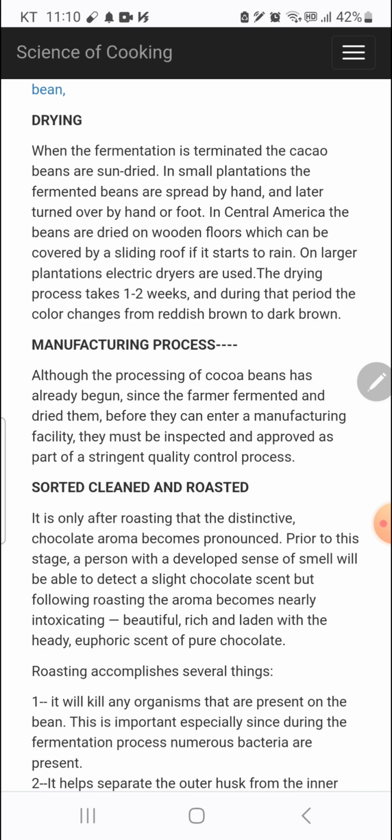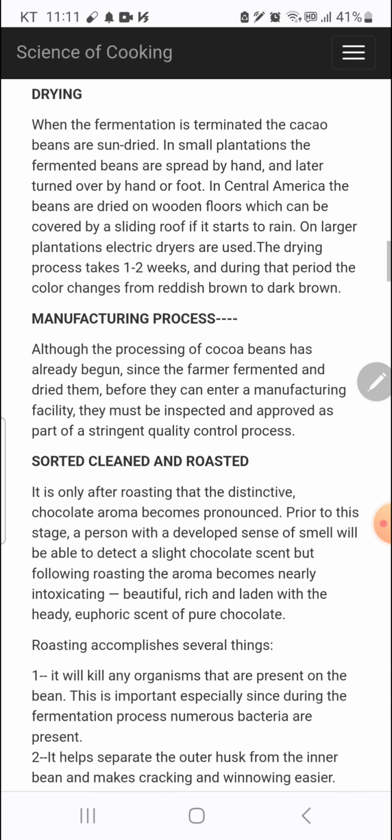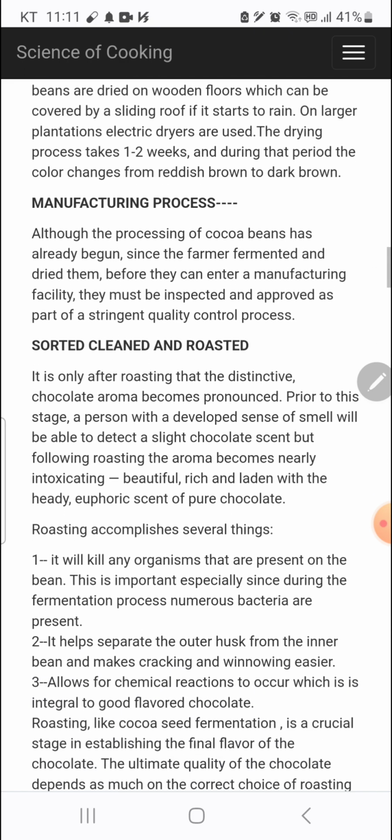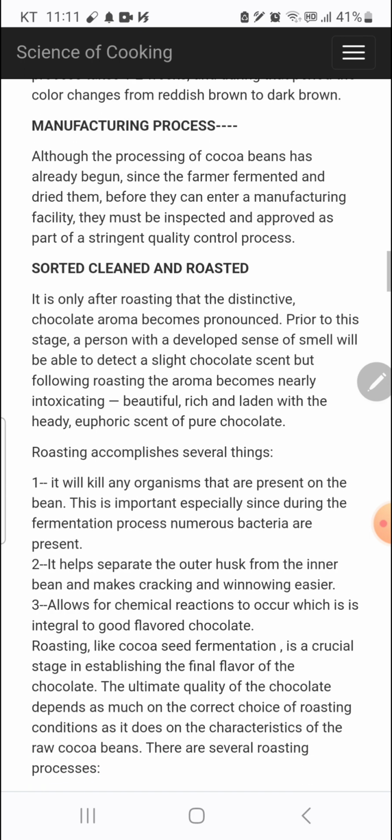On larger plantations, electric dryers are used. The drying process takes 1 to 2 weeks, and during that period, the color changes from reddish brown to dark brown.